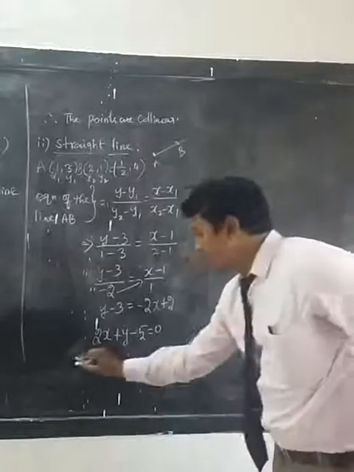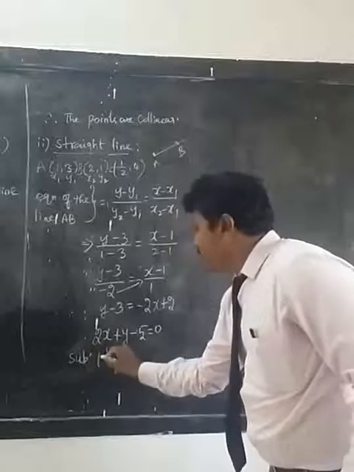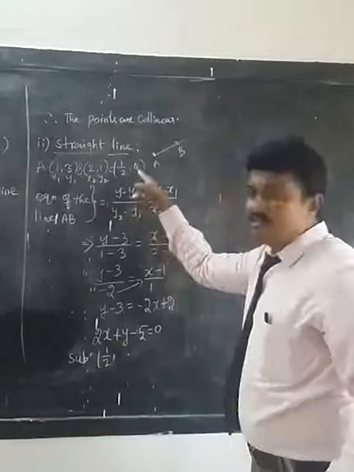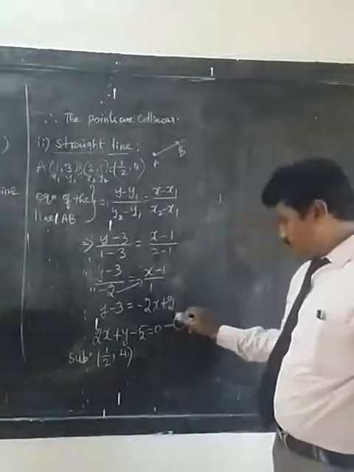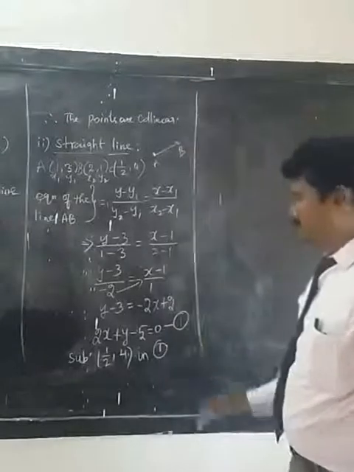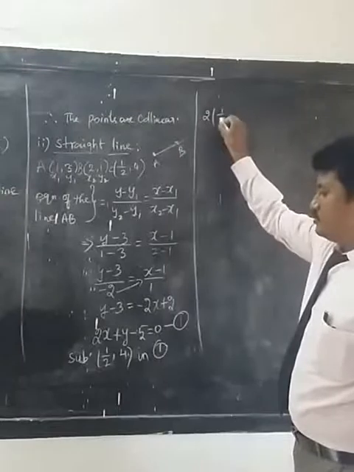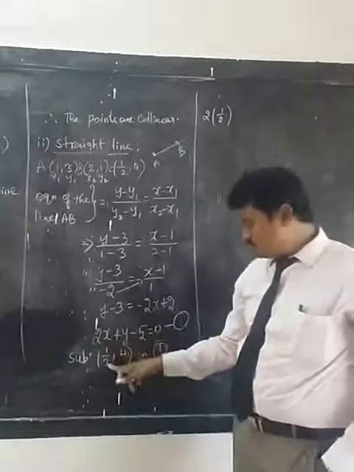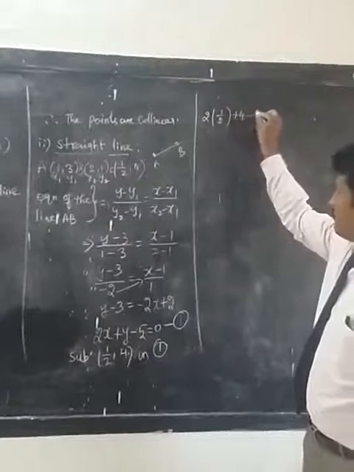So what our next step is? Substitute 1 by 2 comma 4, that is the third point. Suppose if this is equation number 1, in the first equation, just see this, 2 into 1 by 2, in place of x I am going to substitute 1 by 2, plus 4 minus 5.